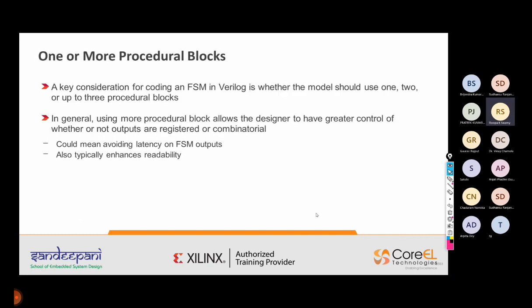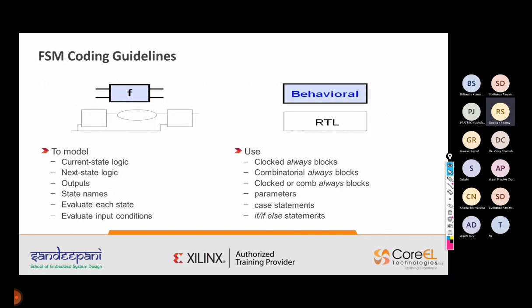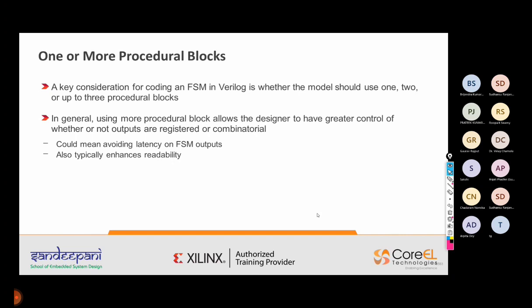Knowing this, now let's understand how many always blocks are required. Basically, you can design the whole system using one block. That's possible. You can always have a single always block to define the complete system.